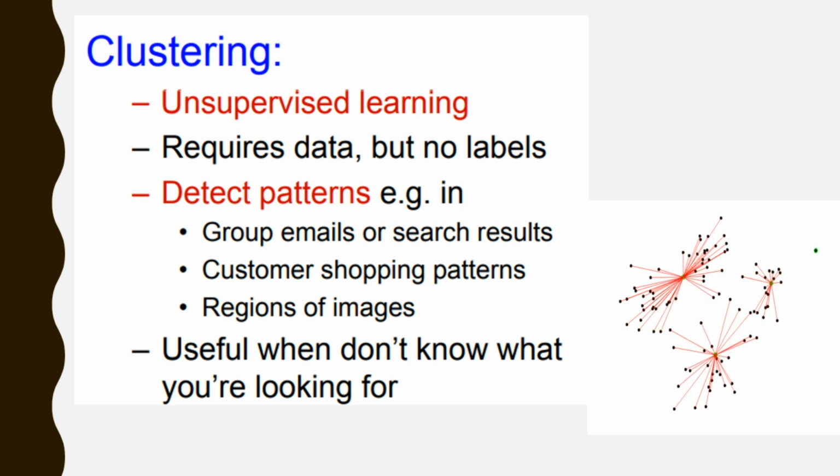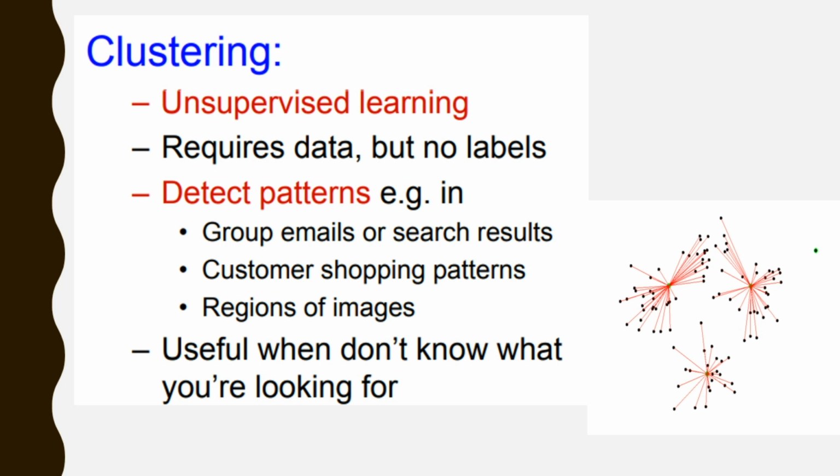In a small sense, clustering helps us to detect various patterns. For example, it helps us in grouping your emails, or refining the search results. It also finds applications in identifying customers' shopping patterns by clustering all the customers who have similar shopping patterns.